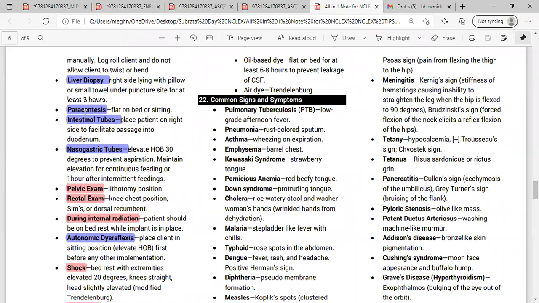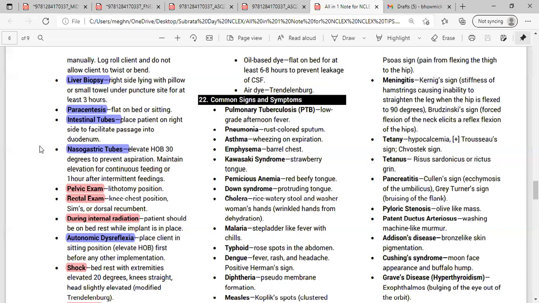In case of paracentesis, after the procedure, we go for flat on bed or sitting. Intestinal tubes: if any patient needs one, it is good to place the patient on the right side to facilitate passage into the duodenum.